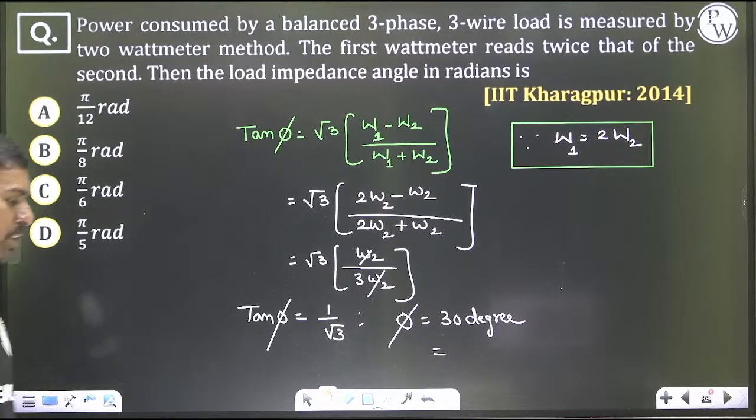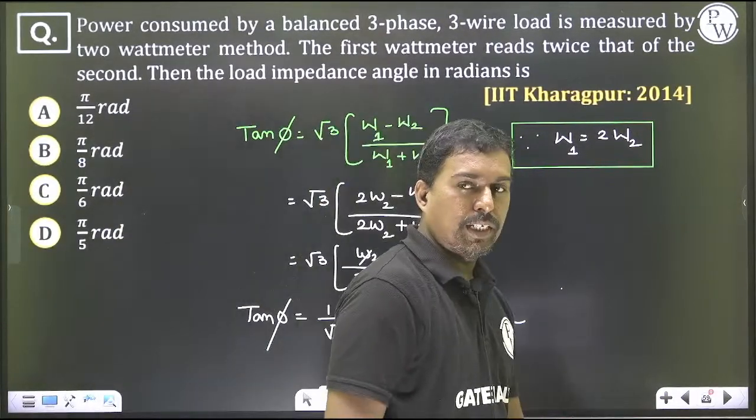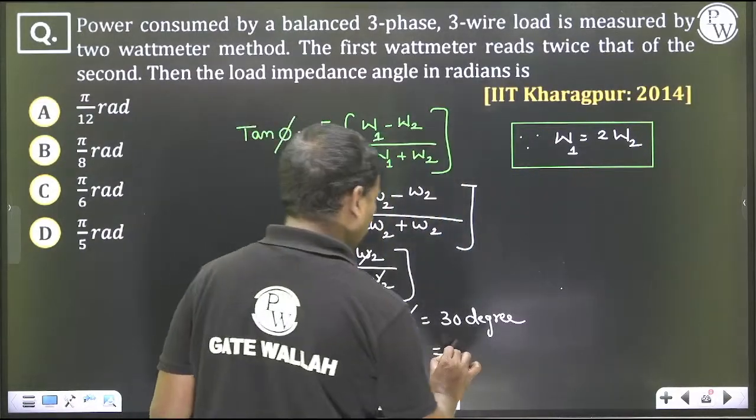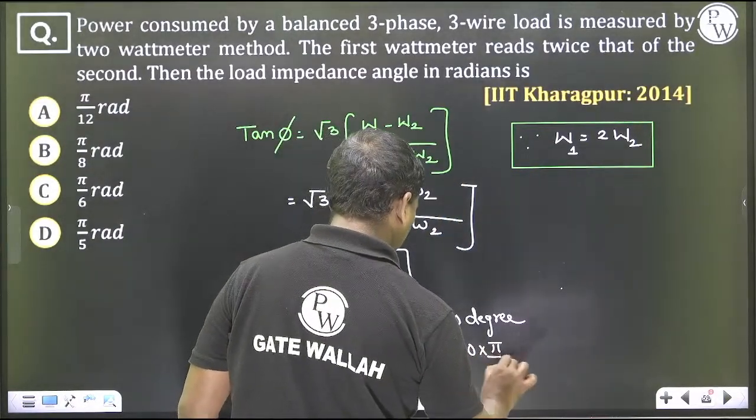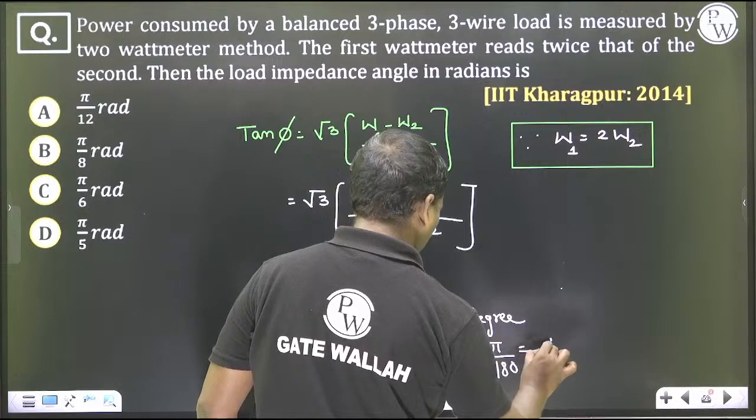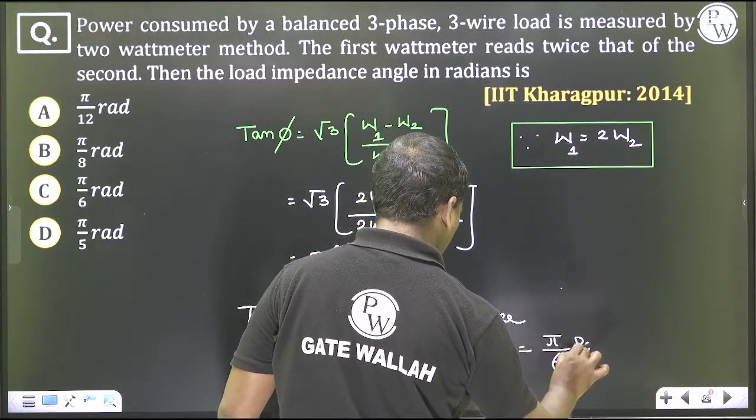See, 180 degrees is equal to pi radians. So 1 degree is equal to pi by 180 radians. So it becomes pi by 6 radians.